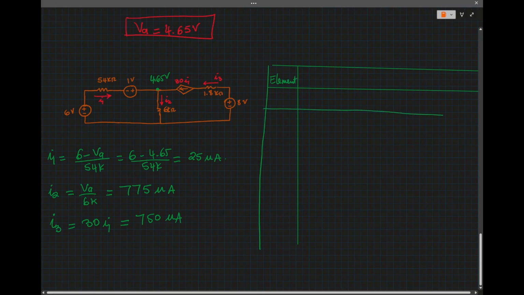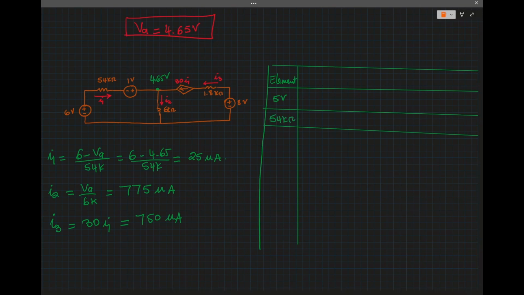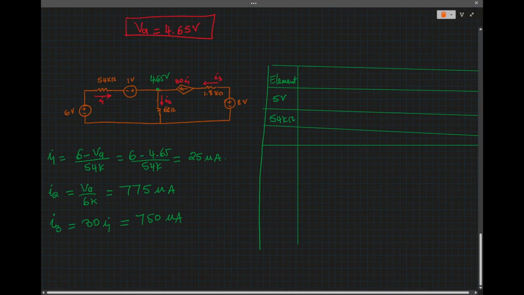The first one will be the 5-volt source. The second one will be the 54 kilo ohm resistor. The next one will be the 1 ohm source.